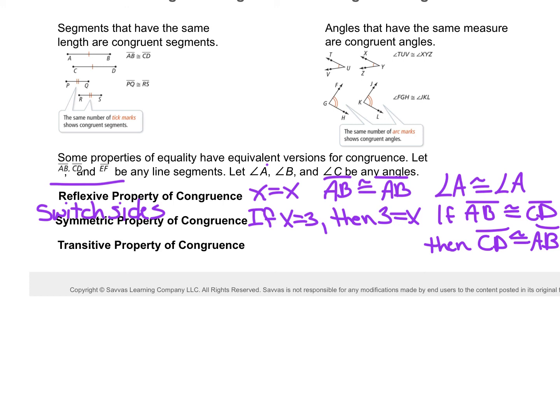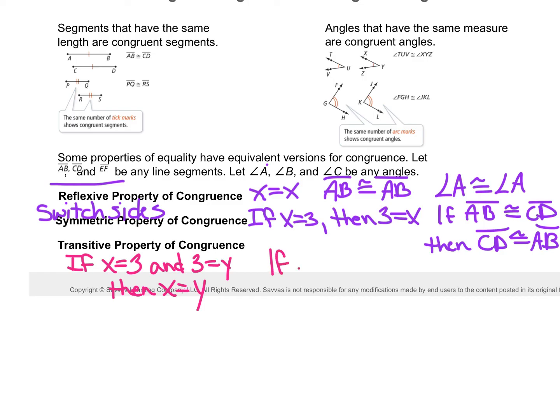You just switch sides. Transitive property is what I like to call the traveling property. And it is, first off, if we just use x in a number, if x equals 3 and 3 equals y, then x equals y. X travels to the end, that's why I call it the traveling property.